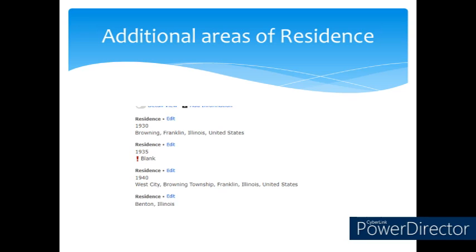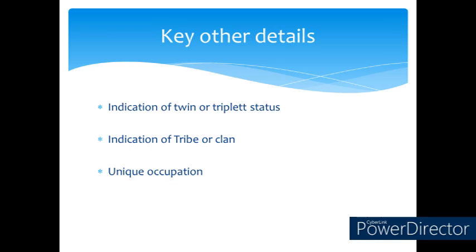They are very helpful when an individual moves from one state to another, or even from one county to another. These new locations can be used in the FamilySearch record searches as defining parameters to help find a missing record.